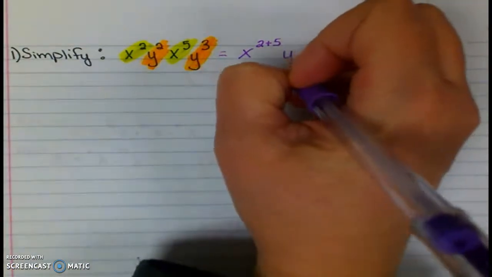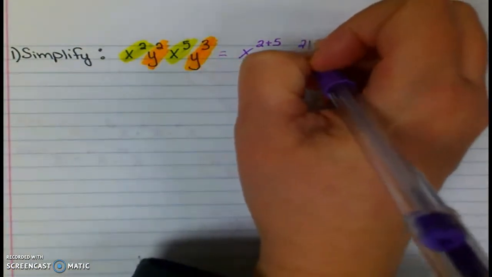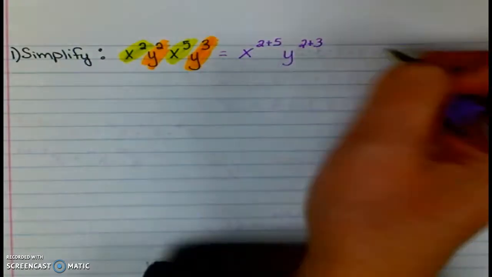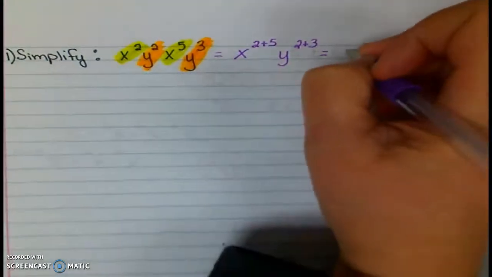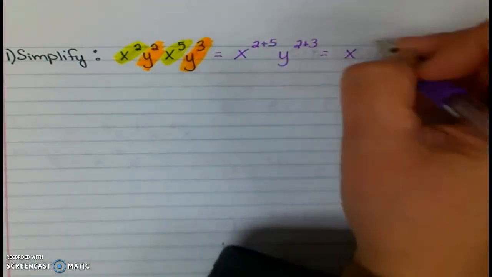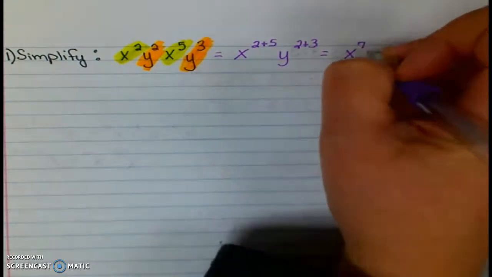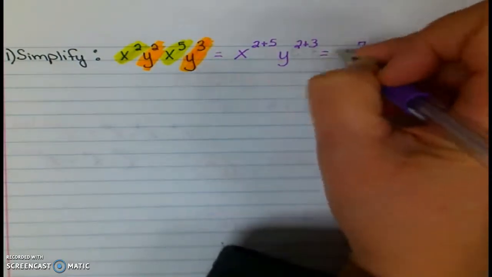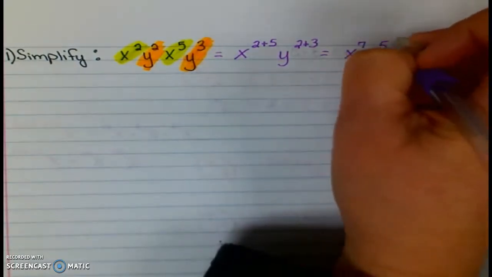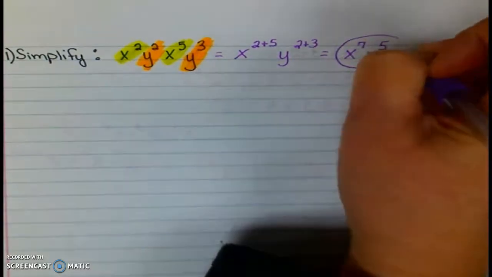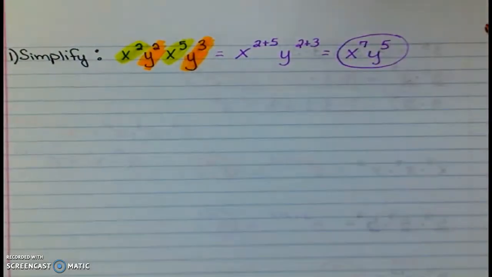So it's going to be y raised to the 2 plus 3 power. So your overall answer would be x to the 2 plus 5, which is 7, and y to the 2 plus 3, which is 5th power. So it's x to the 7th and y to the 5th. That's the simplified version. Each variable should only occur once in your solution and not any more than that.